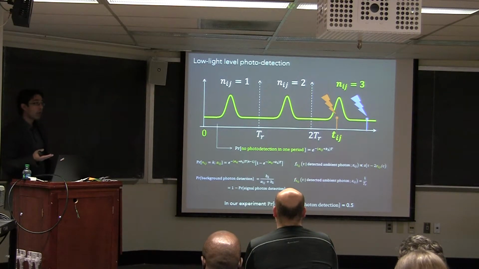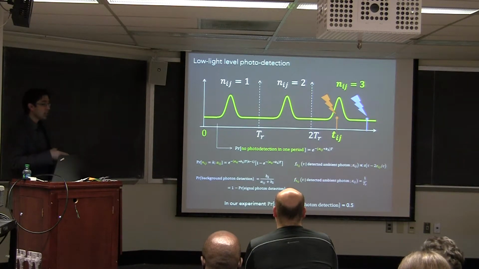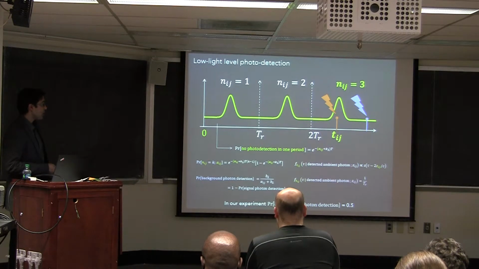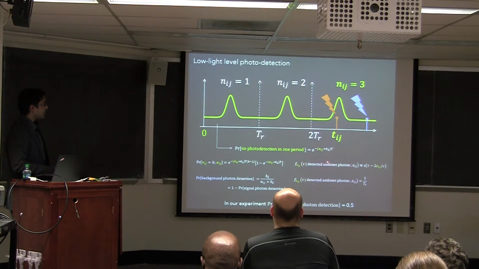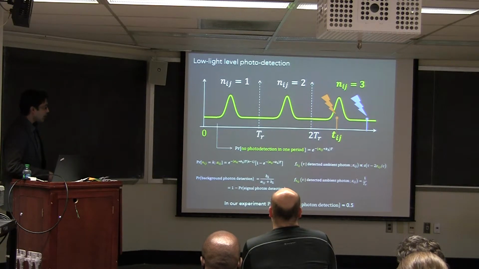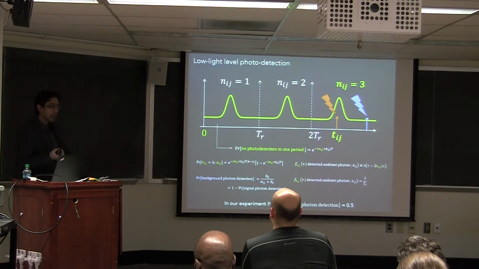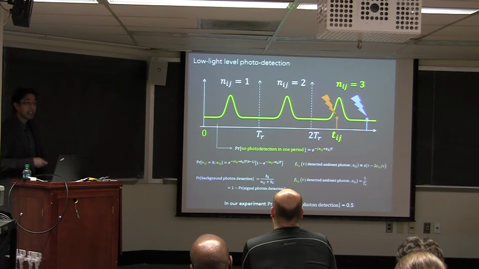It also has a simple form in the case that T_ij is due to the signal, because then we just have a normalized and shifted version of the illumination waveform. So T_ij has a mixture distribution mixing these two together. And in our experiments, we actually have a very significant probability of a detection event being due to noise. We actually have about half of the detection events being due to noise. So you could also think of that as 0 dB SNR, in addition to having only one detected photon.